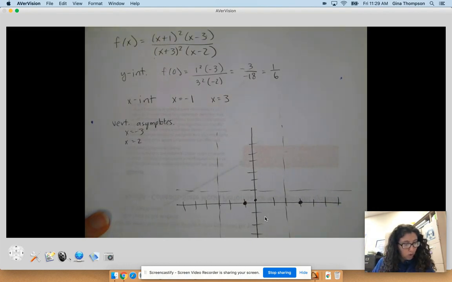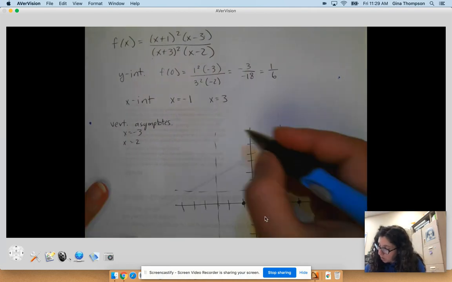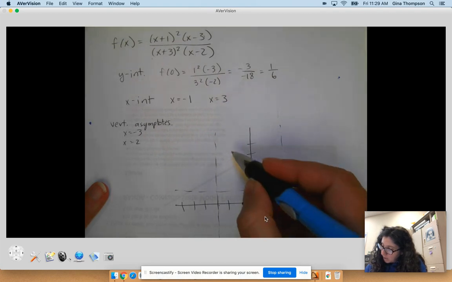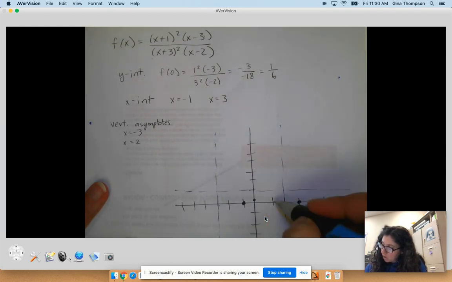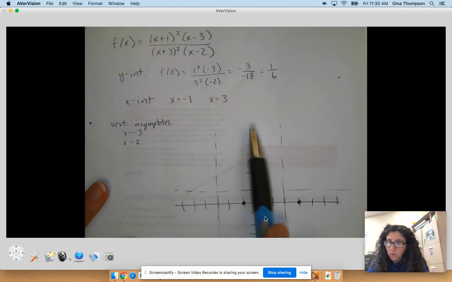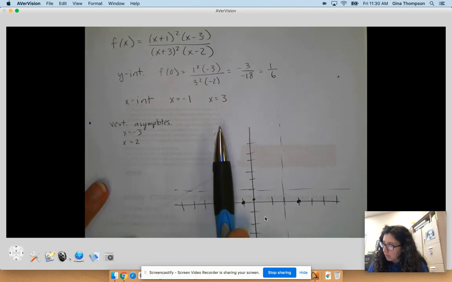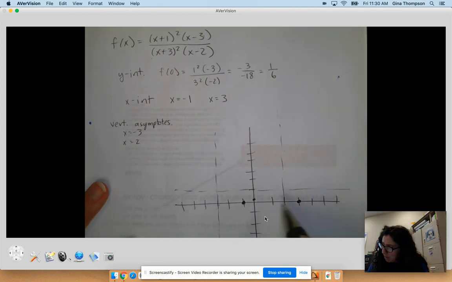Okay, so this is starting to look like something we could connect, right? Maybe we want to just plug in some values. Let's look at these. So between the vertical asymptotes there are kind of like 3 sections. We have things happening here, here, and here. Let's maybe plug in 1.